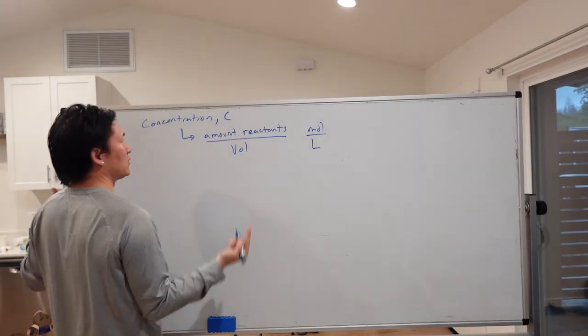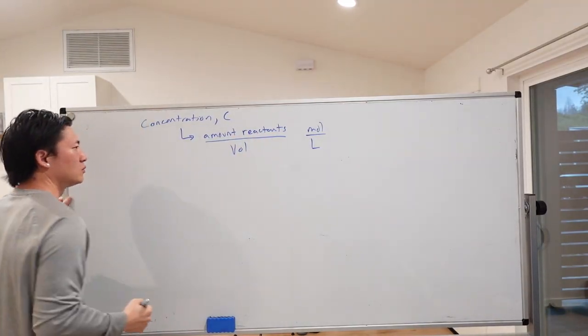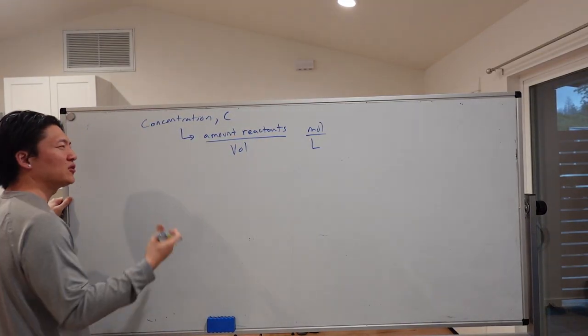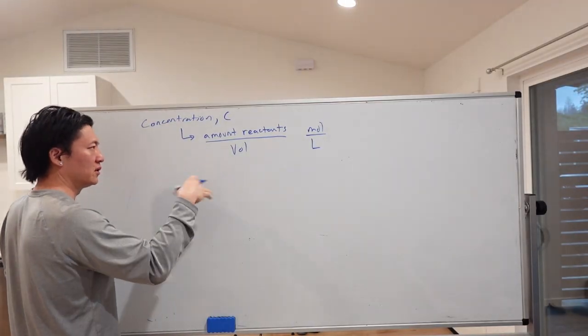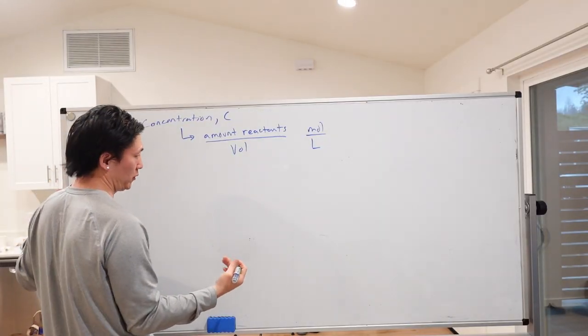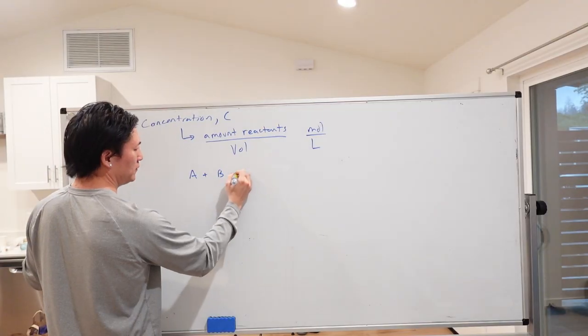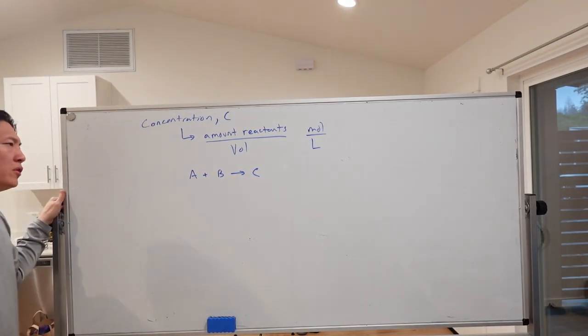So this is the equation for concentration. Concentration equals the amount of reactants. It depends on which concentration we're talking about, but in this case it's the amount of a reactant. So let's just say A plus B goes to C, some general equation.